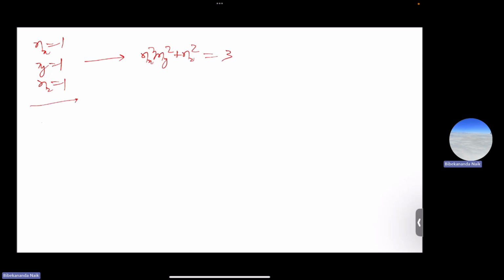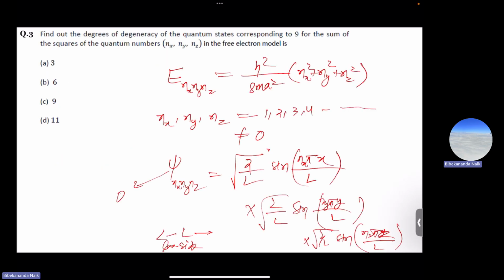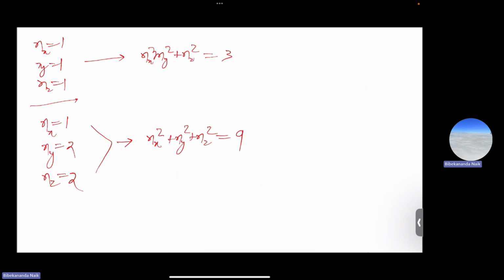For sum 9, either nx is 1, ny is 2, nz is 2. So this will give us nx square plus ny square plus nz square equal to 9, 1 plus 4 plus 4, 9. Also, here we need to find out the degeneracy. So degeneracy means the different states which have the same energy, but they have different wave functions.